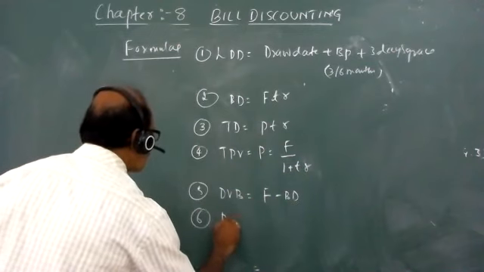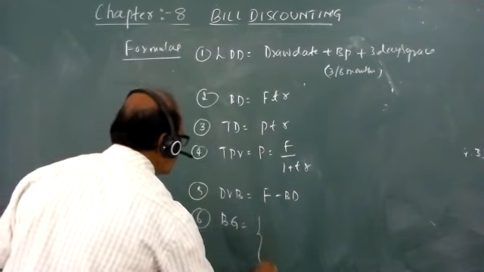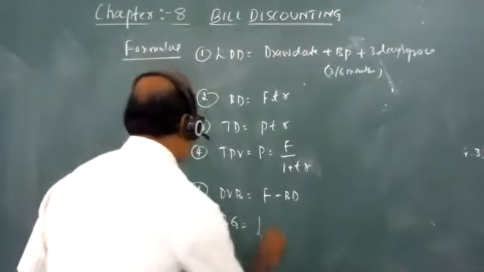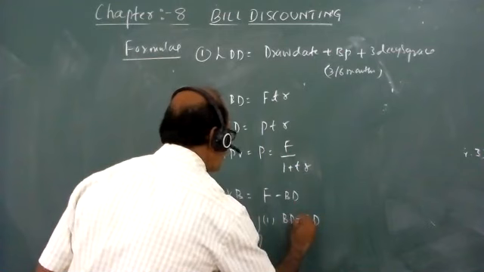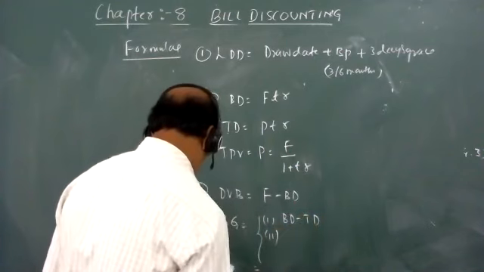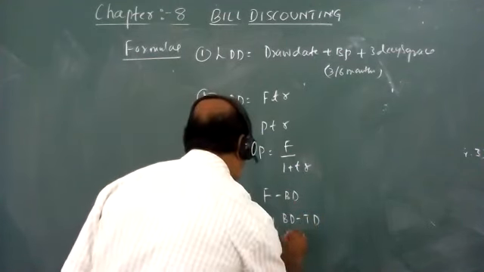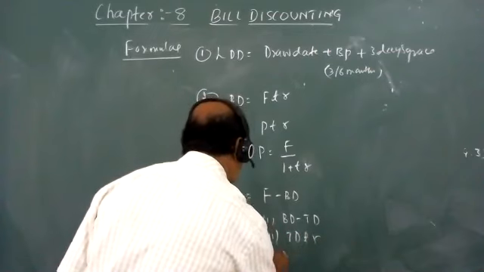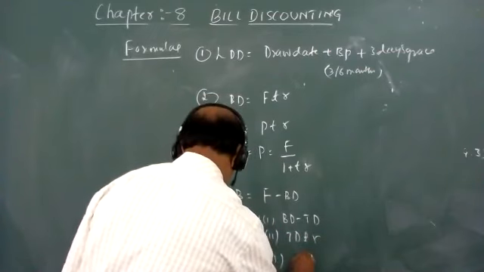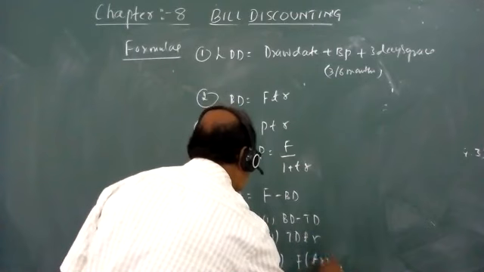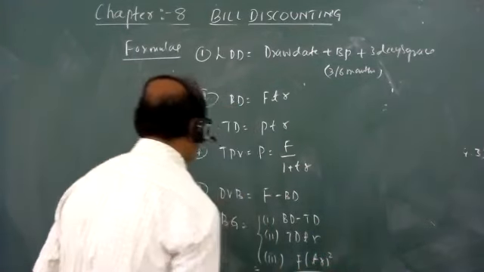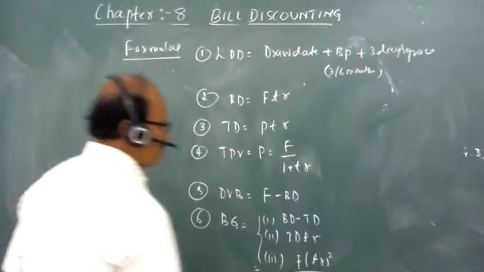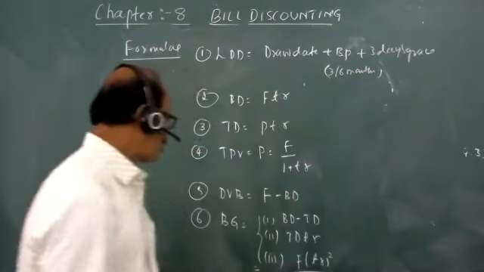And banker gain, BG, has 3 formulas. One, we can use BD minus TD, or we can use the formula TD into TR, or (FTR) whole square by 1 plus TR. So the three formulas are there.